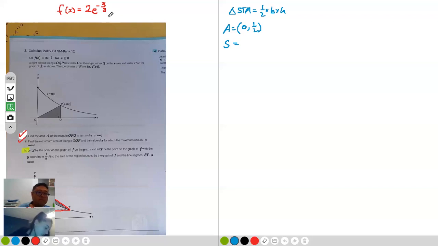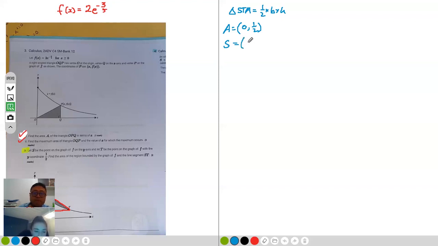It is 2e to the negative x on 5. Oh, x on 5. Okay, cool. So if that's a 5, it won't matter so much when it comes to finding S, but can you tell me the coordinates of S?